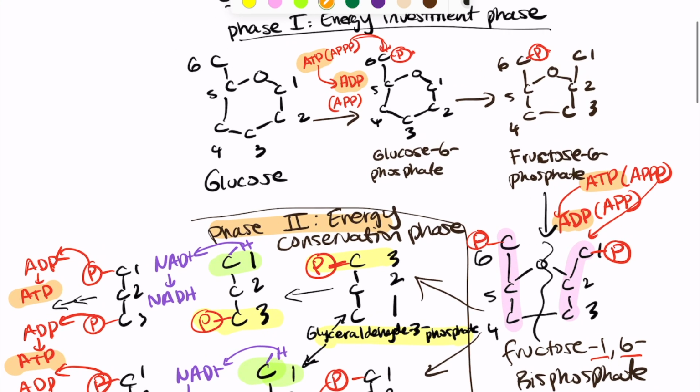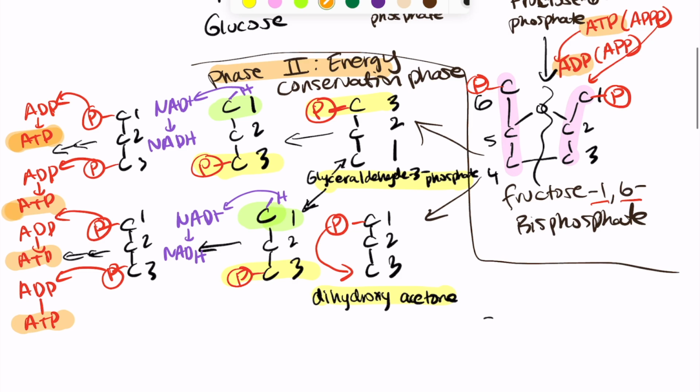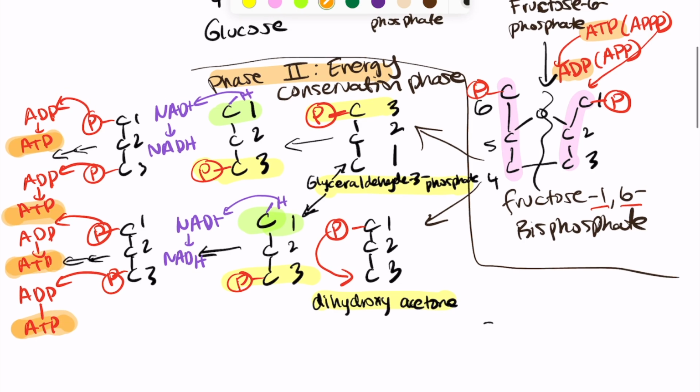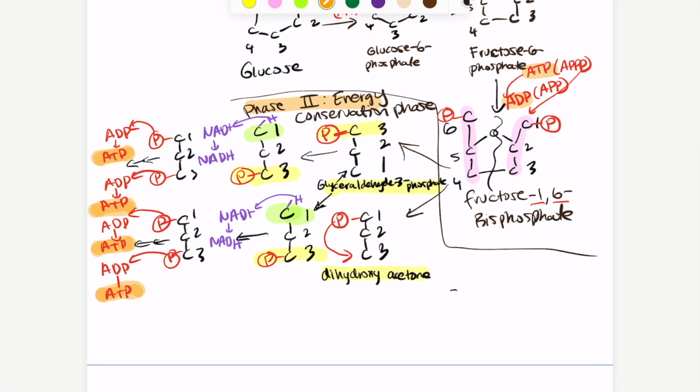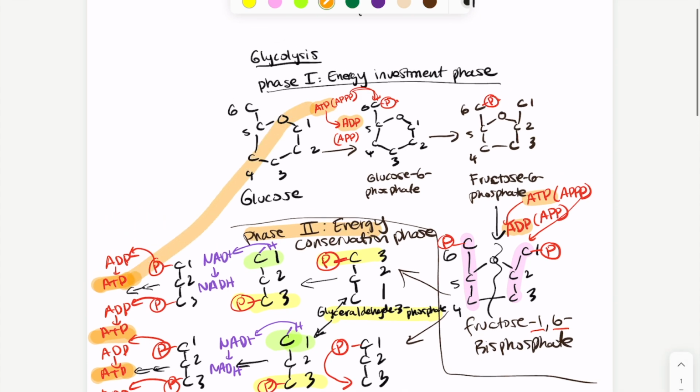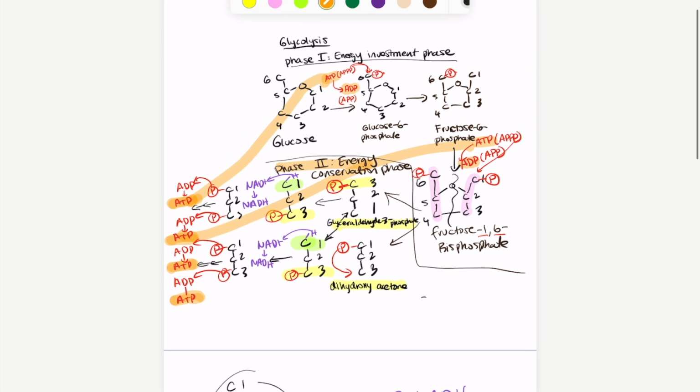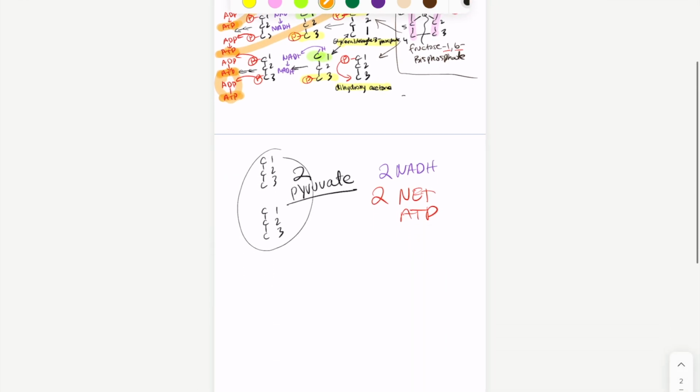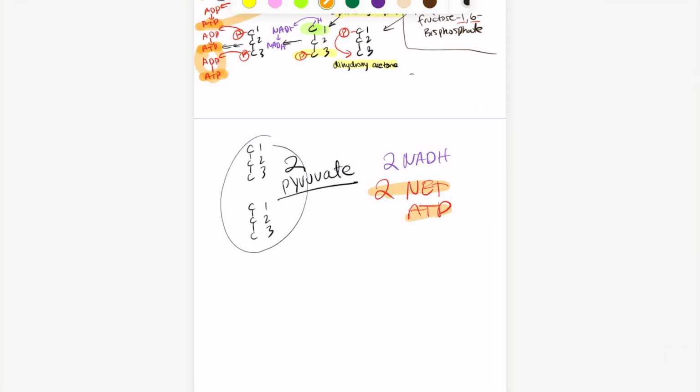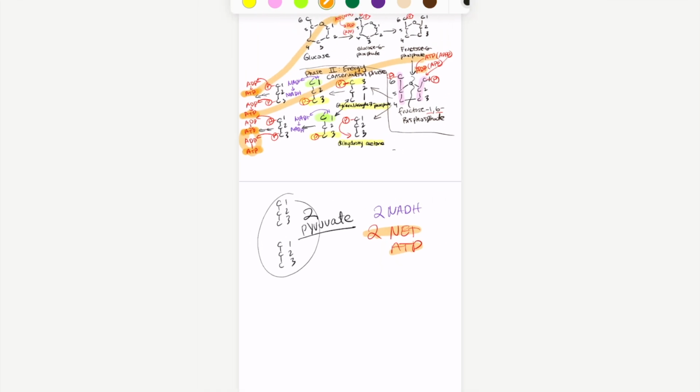And then we made 4 here. So because we had to use 2 of them at the beginning over here, really the net amount is these 2 ATP, right? So 2 net ATP. That's it.